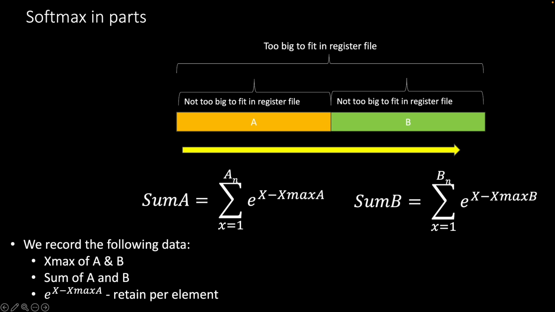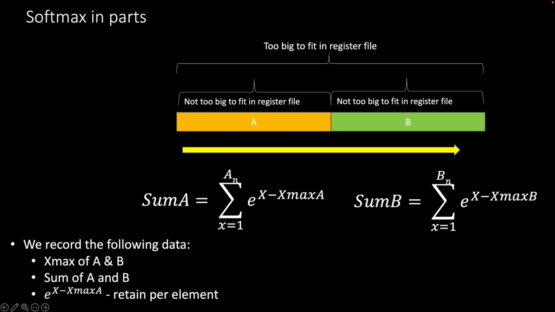So what we'll do is we load tile A into the register file, and we do max only on A, and then we do the normalized sum on A. And what we also do is, because we need to evaluate the exponent per element for the normalized sum, we keep the exponent per element and write it back to memory because we don't want to evaluate the exponent again.